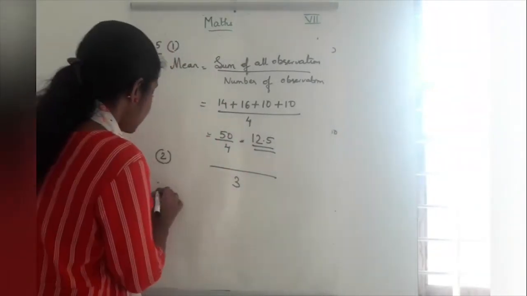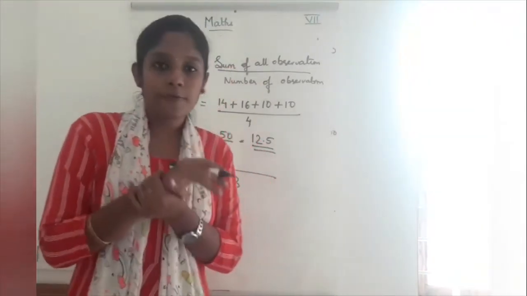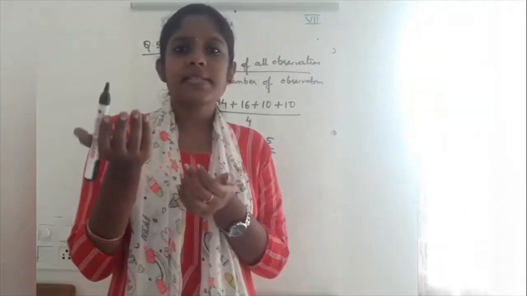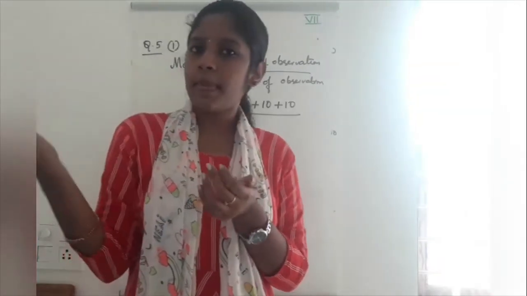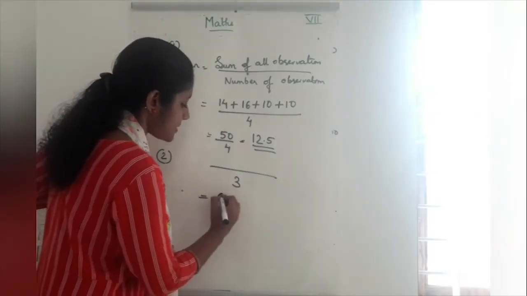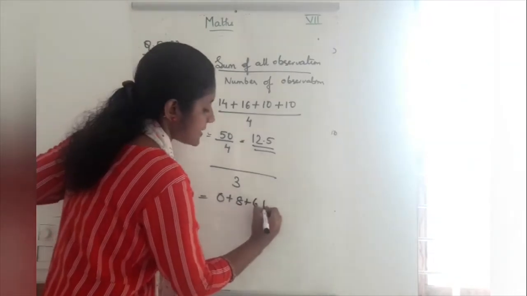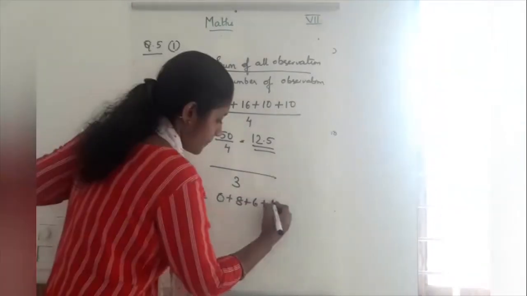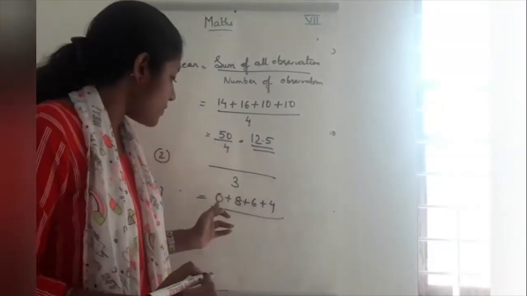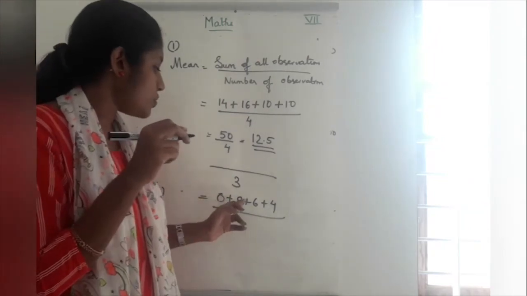Now next one, third question, is B played in all the 4 games. How would you find the mean? You will take the sum of the observation and divide it by number of observation. So sum of the observation is 0 plus 8 plus 6 plus 4. Divided by number of observation, the first score is 0, so 1, 2, 3, 4.